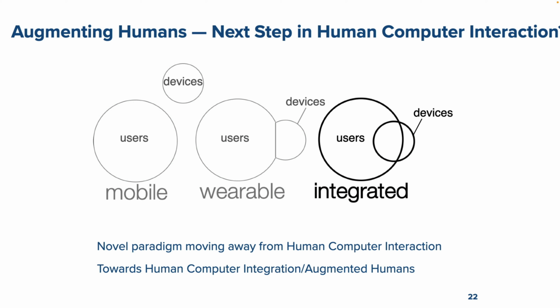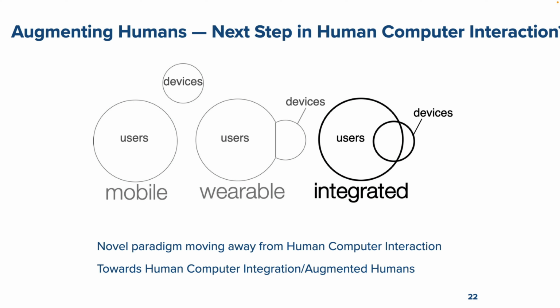And Ubicomp, PACCOM, and wearables took that to real life, where we might not have screens, where we might not have a mouse or a keyboard to interact with systems.